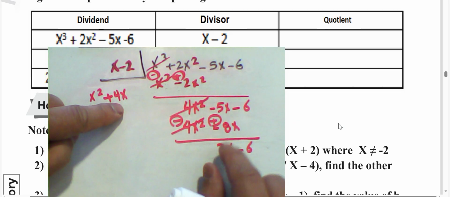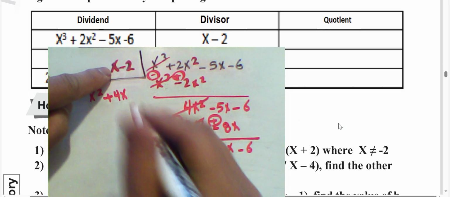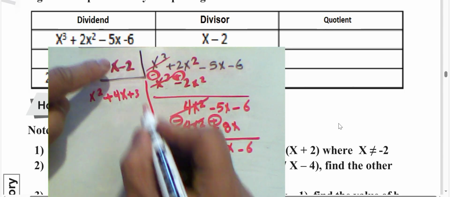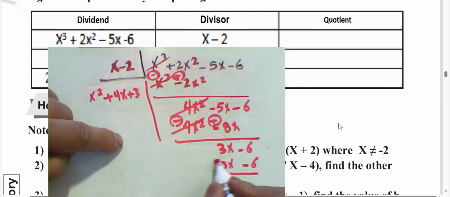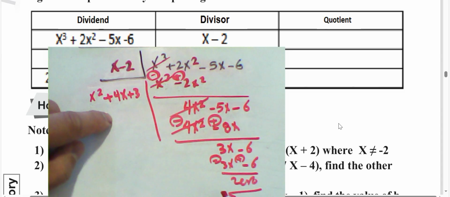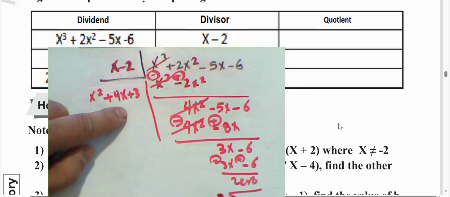Now I will divide positive 3x by x, it will be positive 3. Then 3 times x equals 3x, and 3 times negative 2 is negative 6, and then find the difference between the two numbers. Then the quotient will be x^2 + 4x + 3, right? The answer here. Okay, first question, the answer is this.